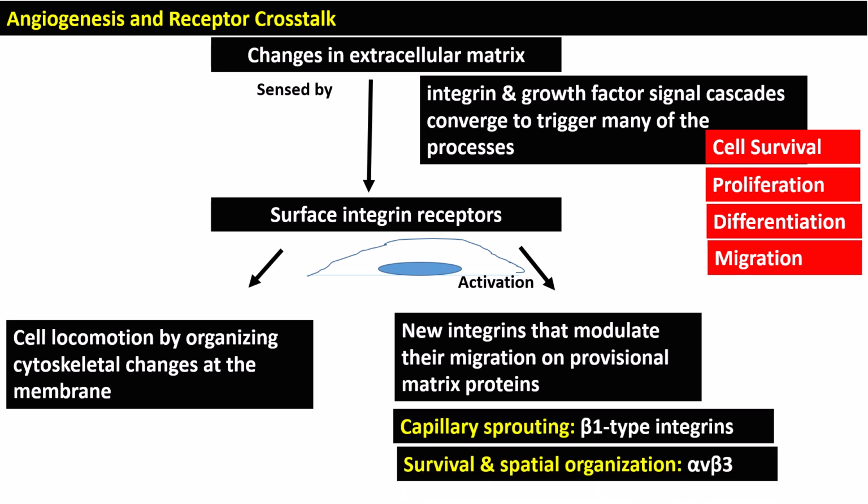Two such integrins are beta 1 type integrins that are associated with capillary sprouting, and alpha V beta 3 integrins that are also termed vitronectin receptors, and they are responsible for survival and spatial organization of the matrix protein, and they respond properly to the extracellular matrix composition and structure.